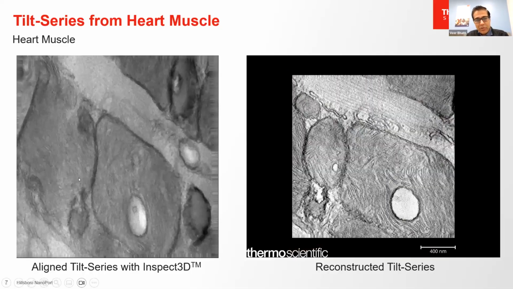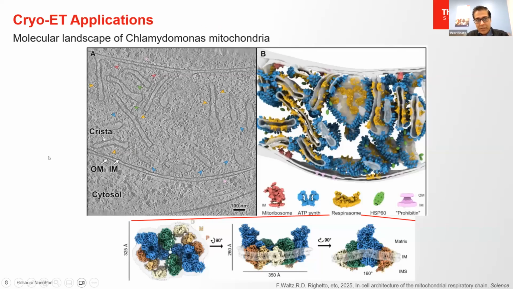And then here's an example from cryo-ET where the resolution was further extended from nanometer to angstrom scale by using subtomogram averaging. Here the sample is from Chlamydomonas, and it's a mitochondrial respirosome.